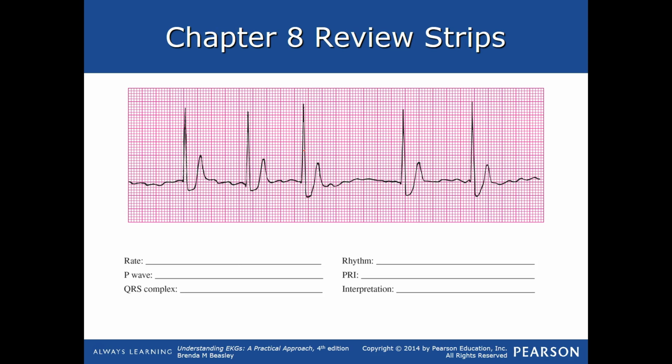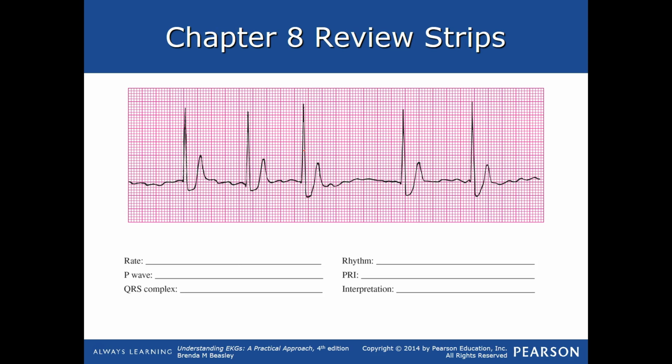Wandering atrial pacemaker. Remember, you had 3 or more P wave changes, right? Because the focus is traveling. The pacemaker site's traveling. Multifocal atrial tachycardia is a variant of wandering atrial pacemaker, meaning it's faster.